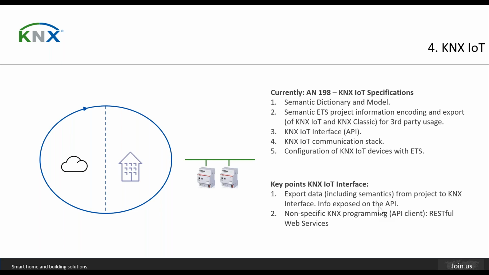The KNX NetIP protocol is basically the KNX telegram wrapped in an IP telegram. So if you are creating, let's say, software that works on IP and is using the KNX NetIP telegram, you need to understand what information is constructed in that telegram, and you need to know about group addresses and all this information contained in the telegram, which those IT companies don't want to know about or don't have the time to research.